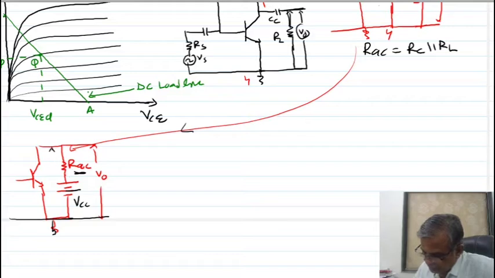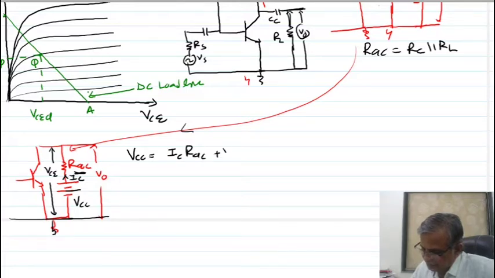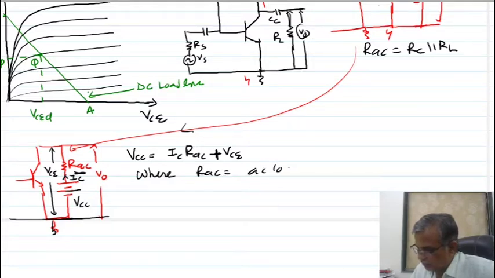The equation of the load line at the output section is VC = ICRAC + VC, where RAC is called the AC load, and it is RC parallel RL.